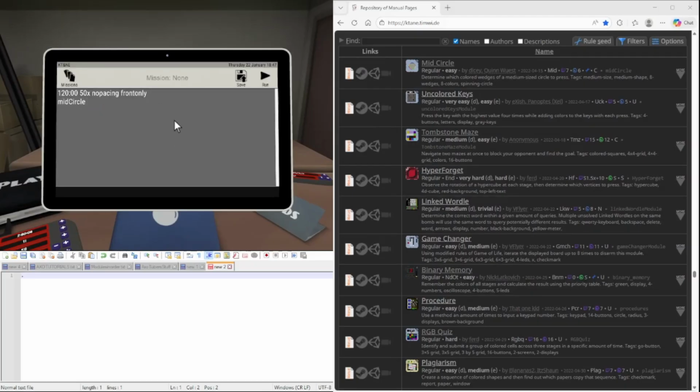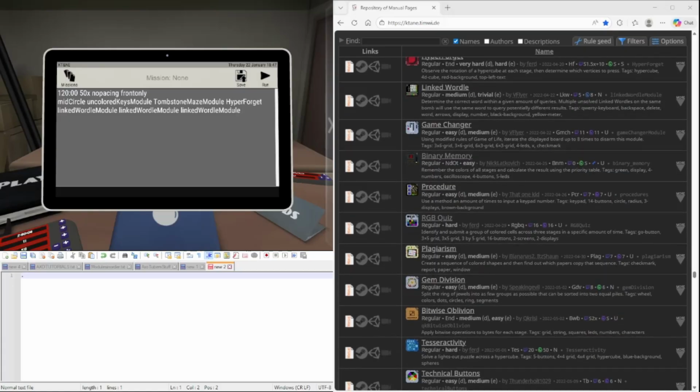Big circle, uncolored keys, Tombstone, maze, HyperForget, linked Wordle. Someone said to do multiple linked Wordles, so let's do 3. And I think that's actually enough for this to begin with.